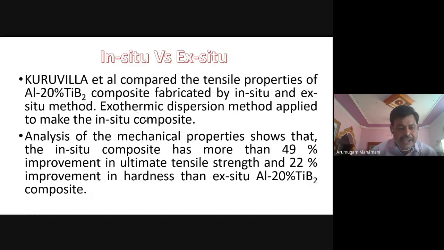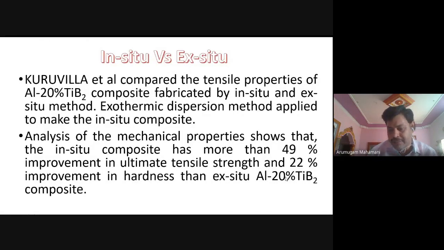The analysis of mechanical properties shows that the in situ 20% TiB2 composite has more than 49% improvement in UTS, ultimate tensile strength, and 22% improvement in hardness over the ex situ 20%. This paper, Kurvilla, describes it very clearly.